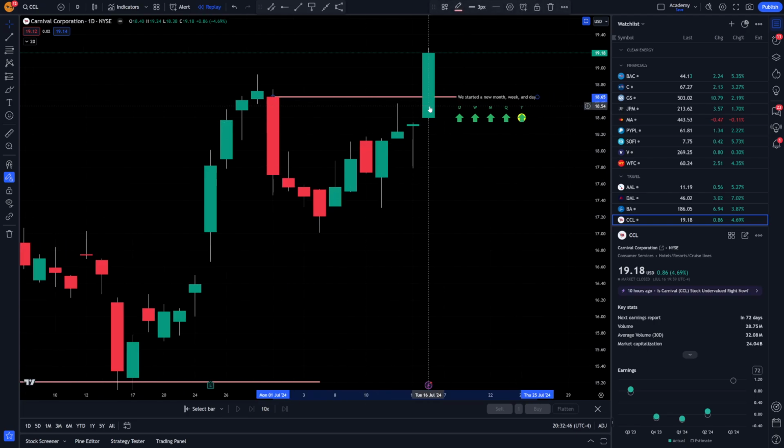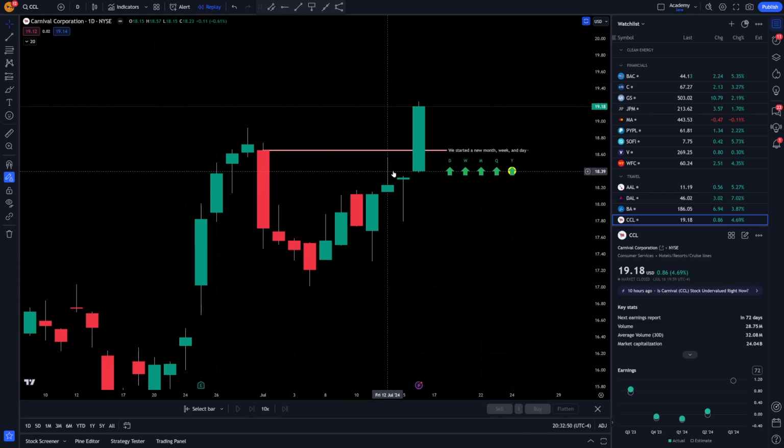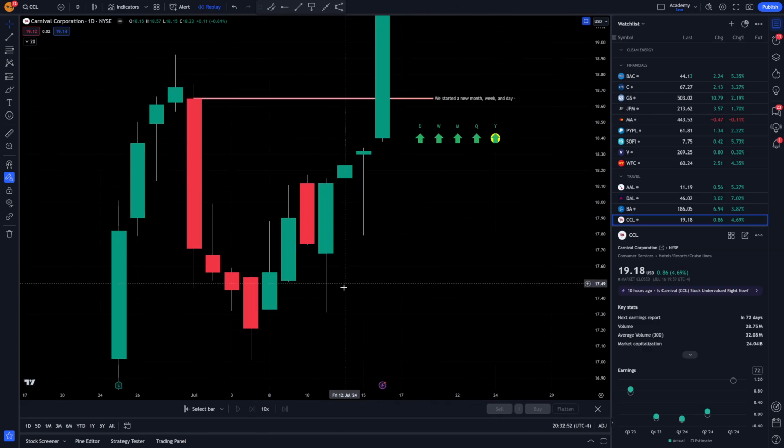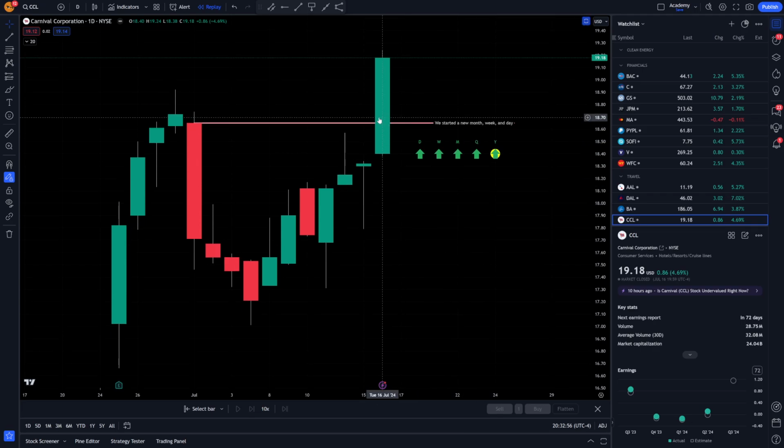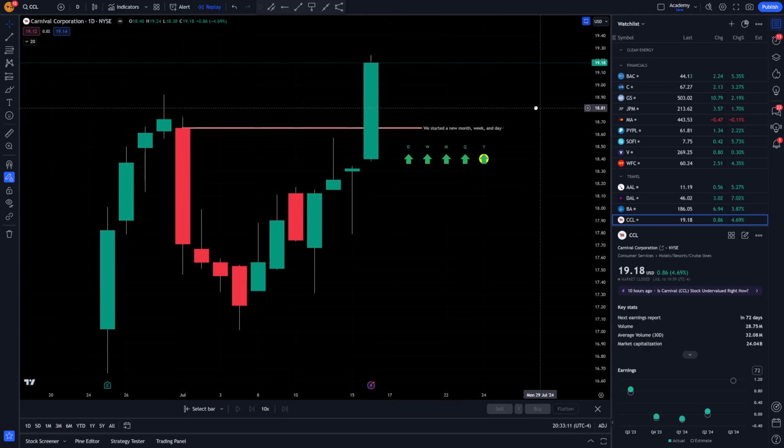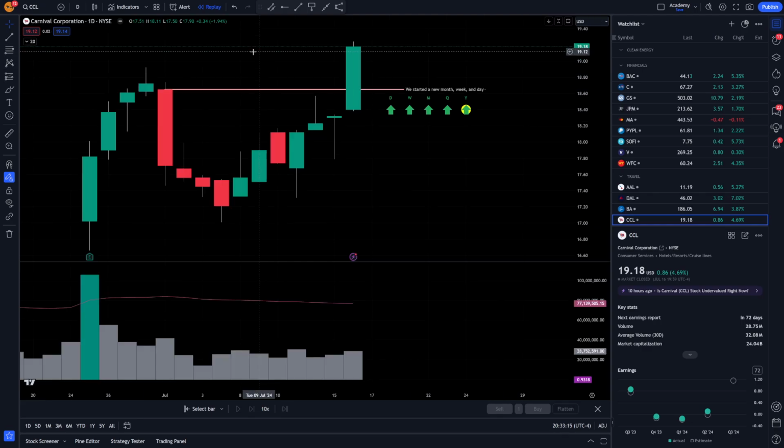And so now, fast forward to today, where Carnival had a trade set up, a hammer, which we know is pretty bullish, and we crossed back above where the month was, and we started the week green. Everything's back green, which means that we're going to have a higher probability move towards the direction that all of these time frames are in agreement with. You wonder how this looks on the R volume?